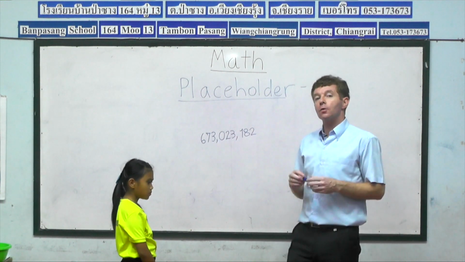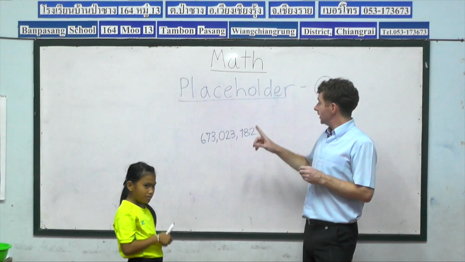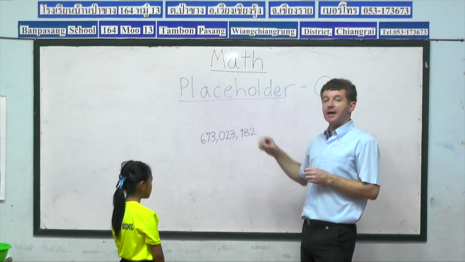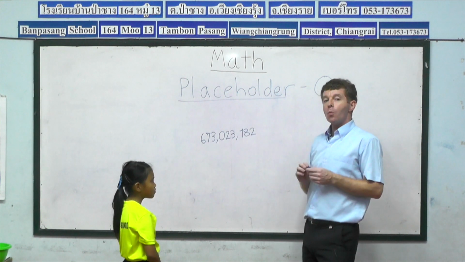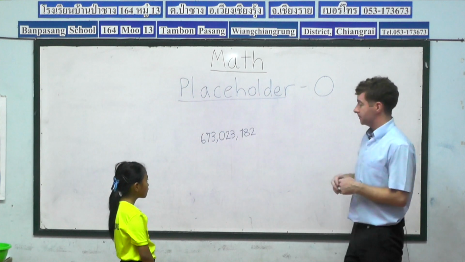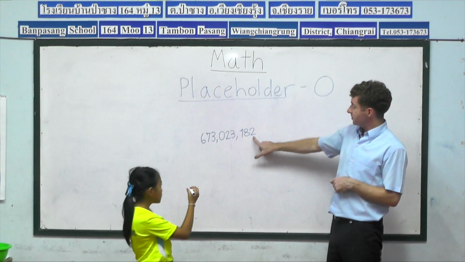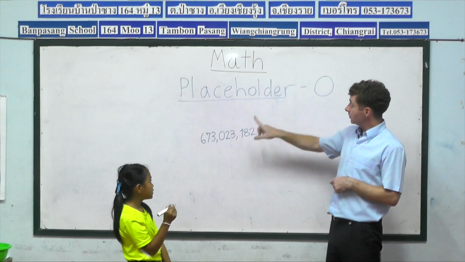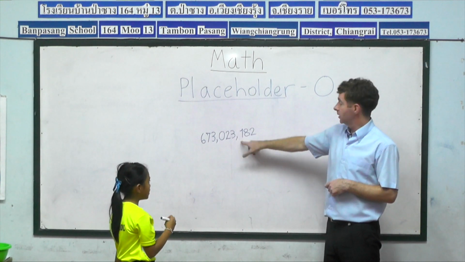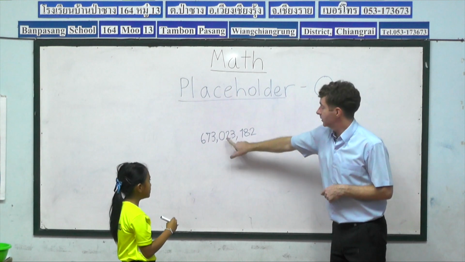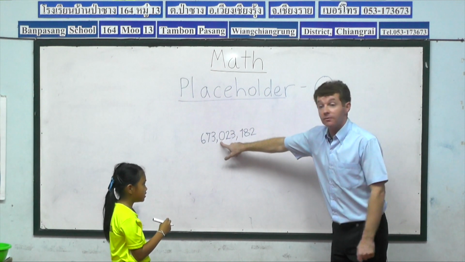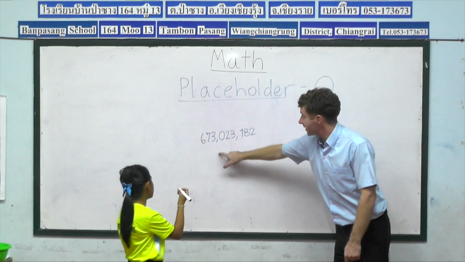Now, what I'm going to ask Pak Bung to do is count from the ones all the way through the place values and then tell me what place value the 0 represents in our number. So we start with ones, tens, hundreds, thousands, 10,000s, 100,000s. So we can draw an arrow down here.